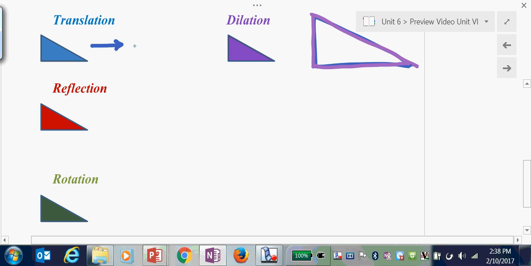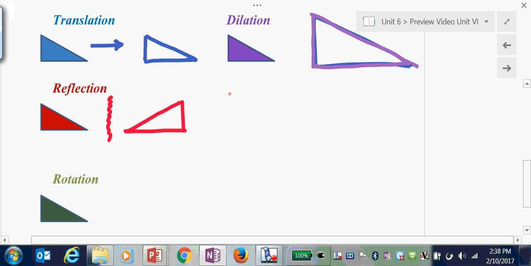Translation is the slide. So when you just slide things over, that's translation. Translation is a slide. Reflection is where you flip it. Flip it. It's supposed to stay the same shape.